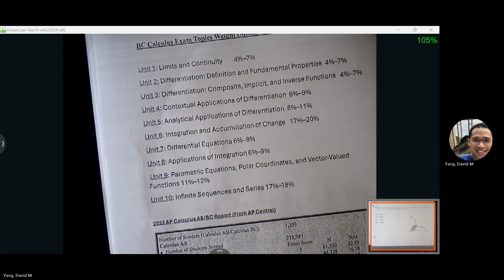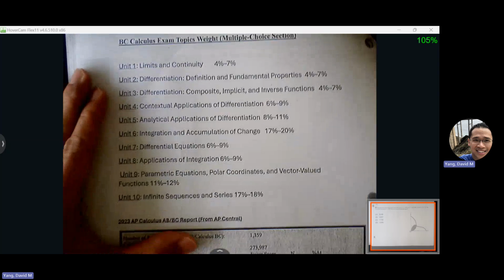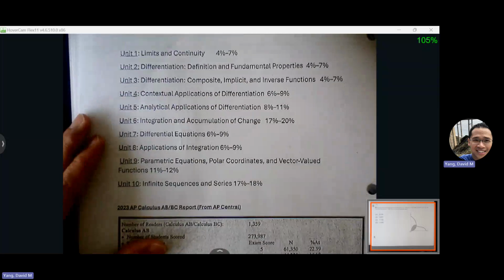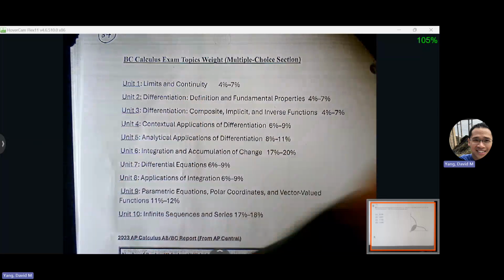If you go to page 24 from the previous packet, 2B, I just put some data here for you to look at, to give you an idea of the AP exam, especially the BC exam, and what their priority is in terms of topics covered. You can tell that limits and continuity is a bigger deal on the AB exam. On the BC exam, they need to prioritize other things.